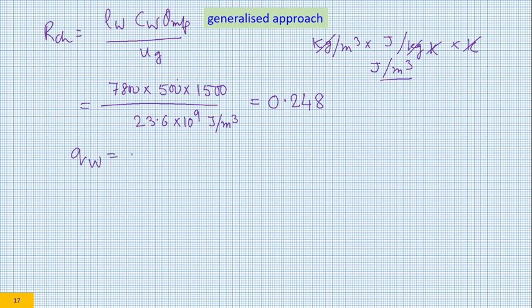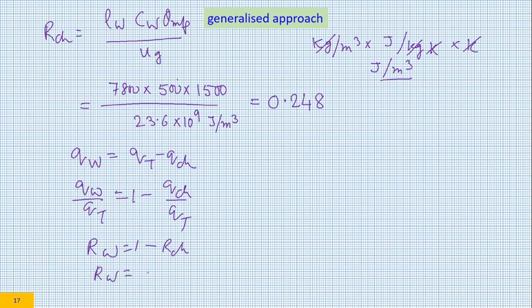Earlier we have written RW becomes 1 minus 0.248, which is 0.752.